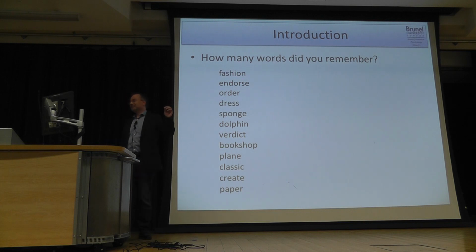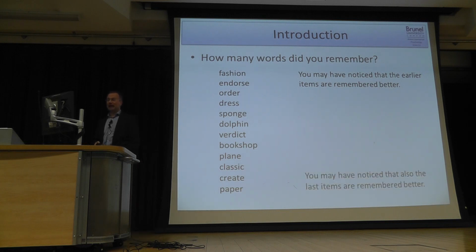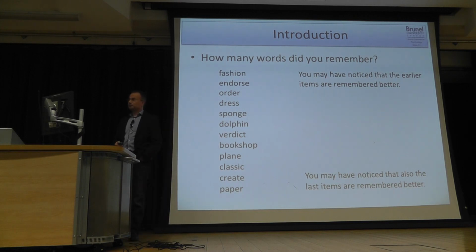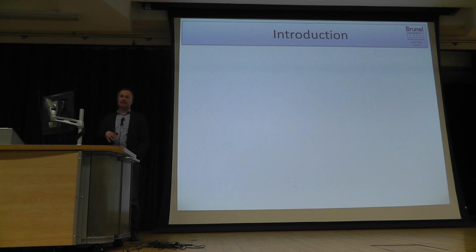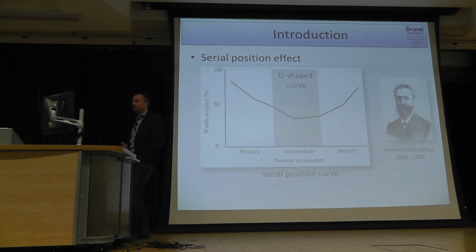Oh, okay. So what you will find if you do that task, is that most people have a better memory for the first words, which were earlier in the list. And in addition, that memory is better for the last words, which were here. So this has been a finding which has been shown many, many times and is called the serial position effect.